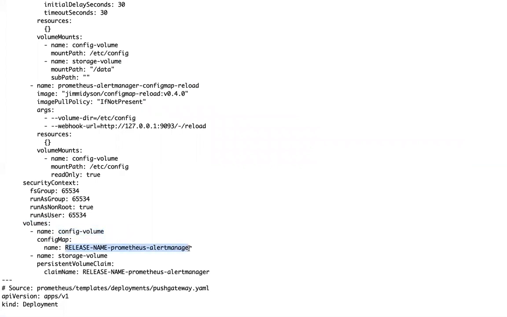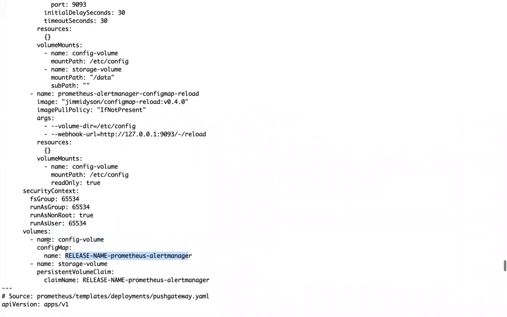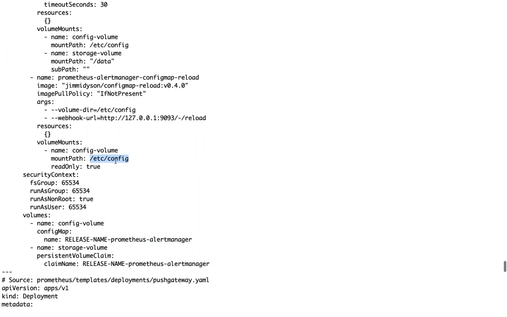This is the config map that is going to be created, and it is used as a value here. If you see, it is getting mounted to that etc config file, whatever we are creating as a config map. So we are passing that alertmanager.yml file at runtime using config map, using values.